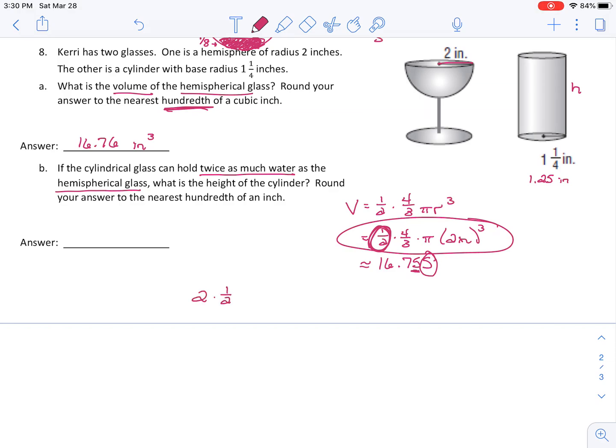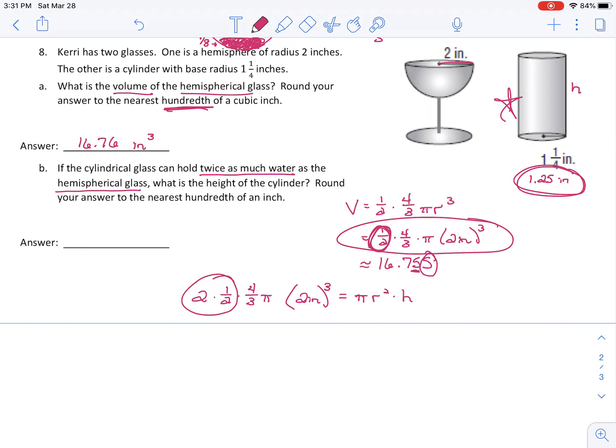So I'm going to double the hemisphere, and I'm using this formula again because we shouldn't round until we're done with the problem. And we already rounded, and I don't want that. This is the volume of the cylinder. Cylinder's volume was pi r squared times h, where the radius is this 1.25.